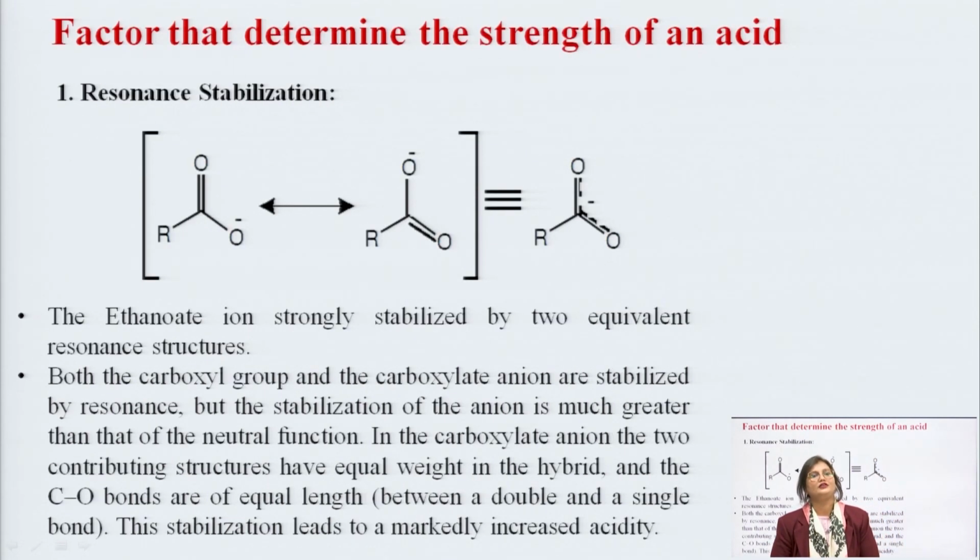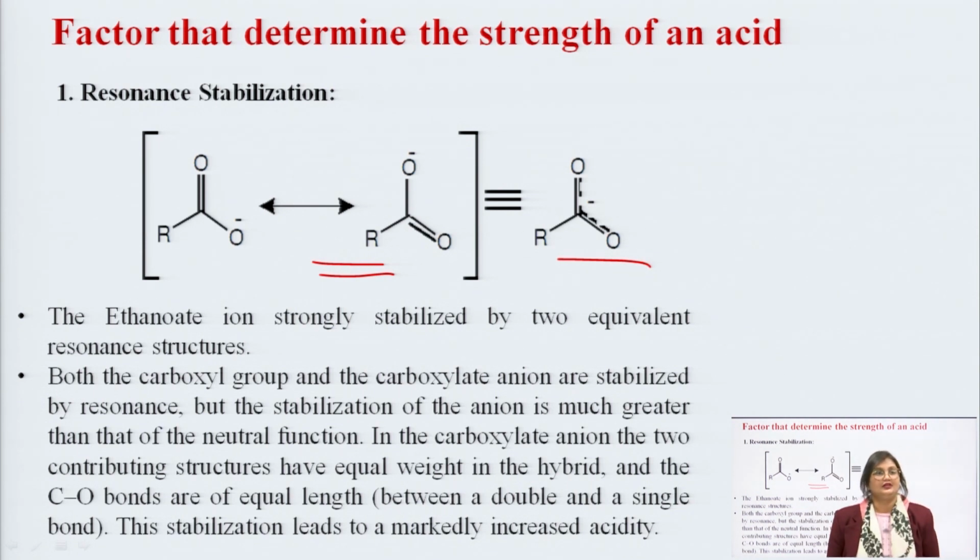Now, if we look into factors that determine the strength of an acid, then this is the resonance stabilized structure. The ethanoate ion, or the carboxylate ion, is strongly stabilized by two equivalent resonating structures.